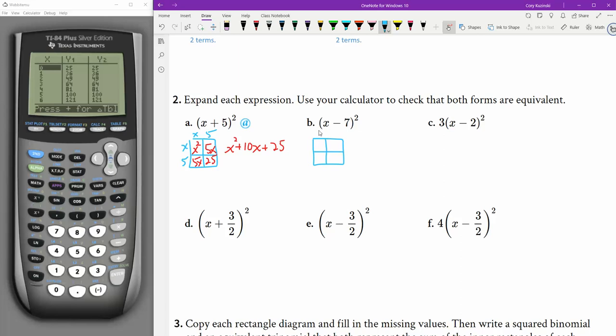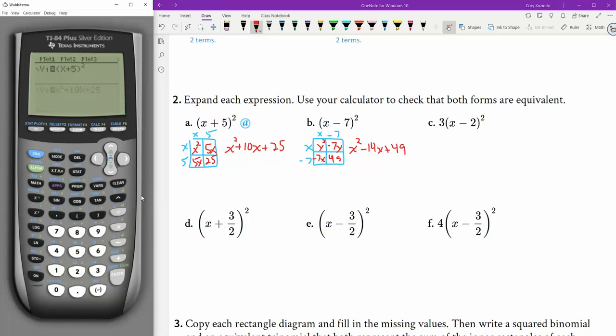This time we've got x minus 7 and x minus 7. Okay, so we've got the x squared here, minus 7x, minus 7x, 49. So this is going to be x squared minus 14x plus 49.